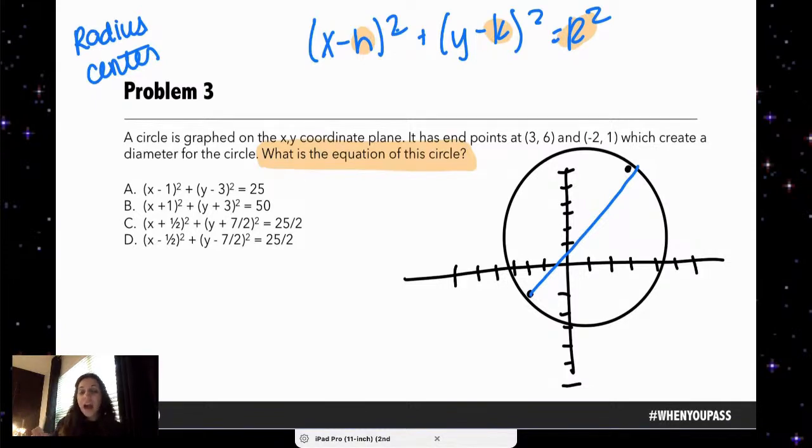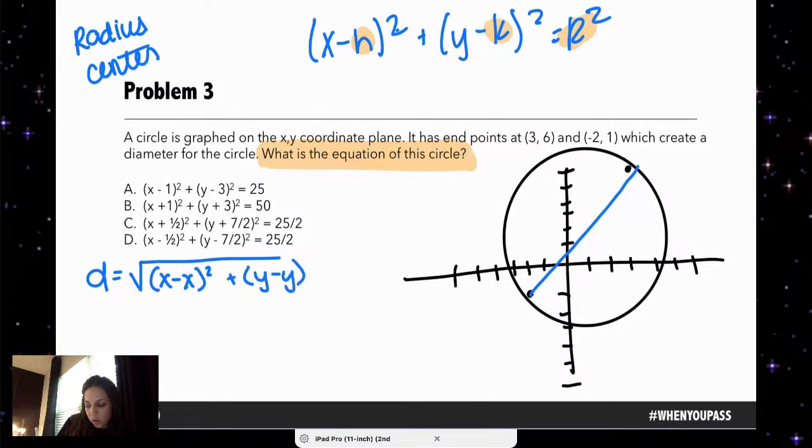To find the radius, I need the distance of the diameter divided by 2, right? So I can use the distance formula, d equals the square root of (x minus x) squared plus (y minus y) squared.